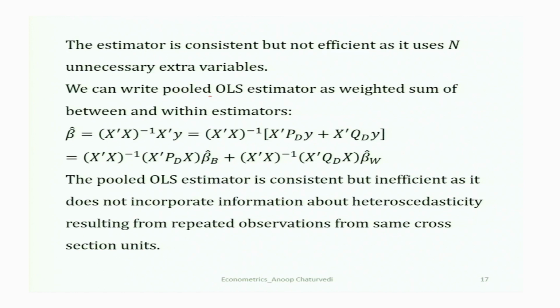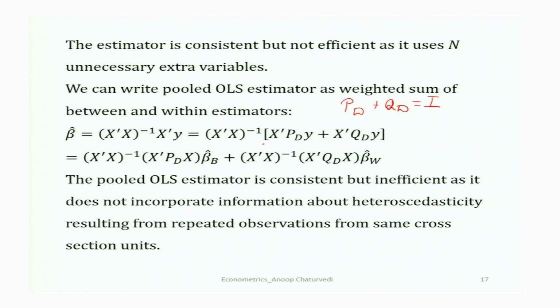Then we can write the pooled OLS estimator as a weighted sum of between and within estimators. So, this is your OLS estimator, and then you can write it as (X'X)^-1 X'P_D y plus X'Q_D y. Remember that P_D plus Q_D is equal to the identity matrix.